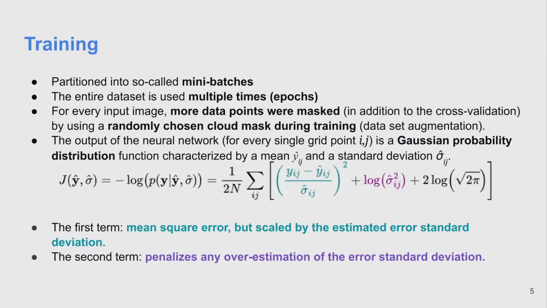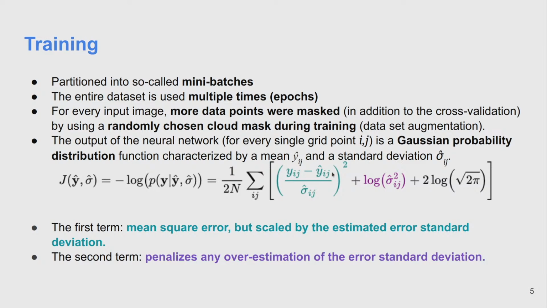And so the loss function is a bit particular in this sense because you have not only the reconstruction but also uncertainties. If you take the logarithm of the Gaussian likelihood, where y is the actual measurement, the sea surface temperature from the satellite, ŷ is the estimated sea surface temperature, and σ̂ the estimated standard deviation, and if you write down this conditional probability for the Gaussian, you will end up essentially with two terms.